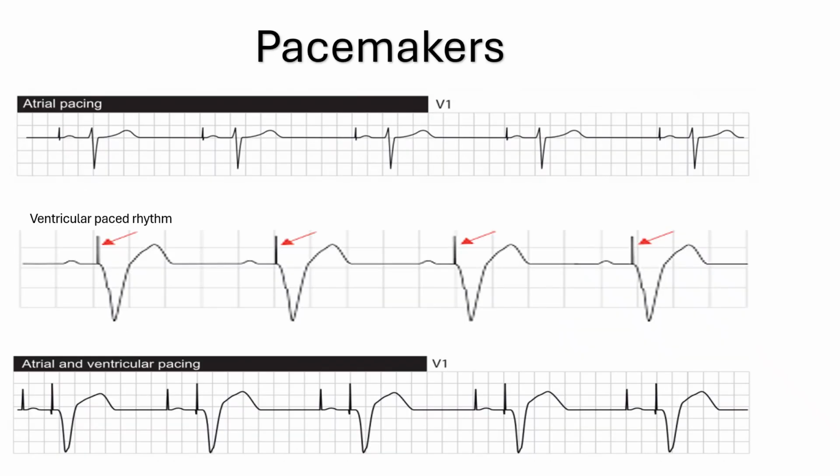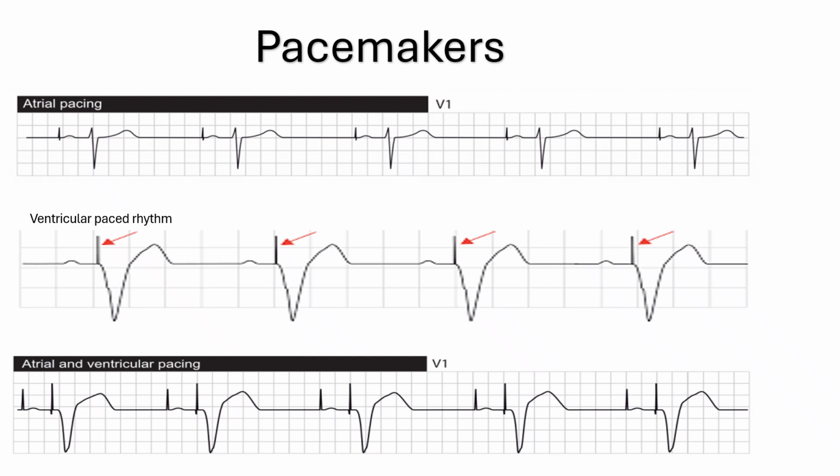Now, some patients are just going to require atrial pacing, and that's when they're going to have an interruption to the conduction system within the atria. You will see the pacemaker spike before that P wave, so before that atrial depolarization.